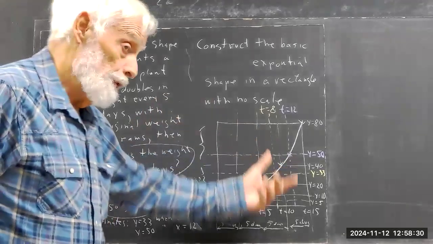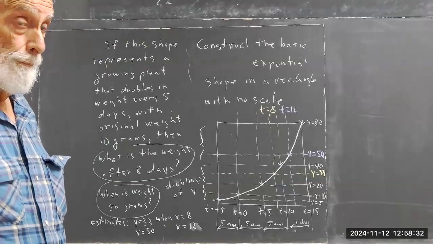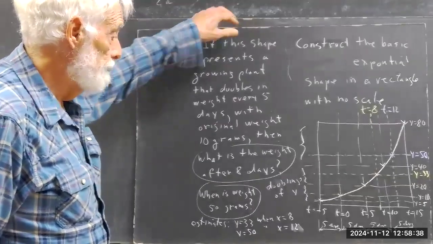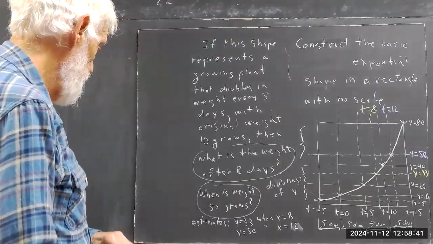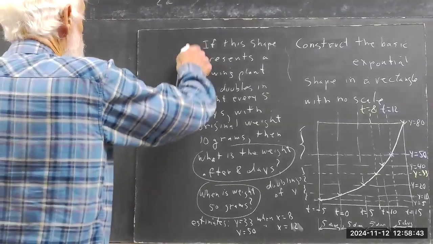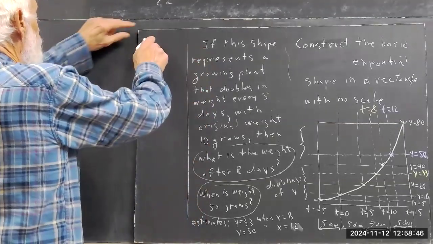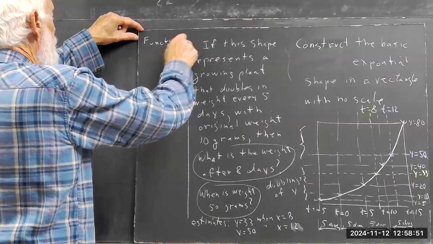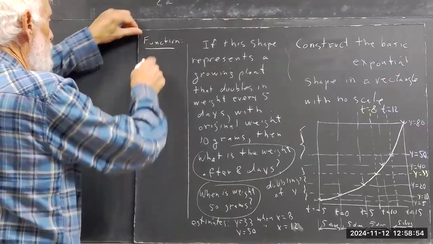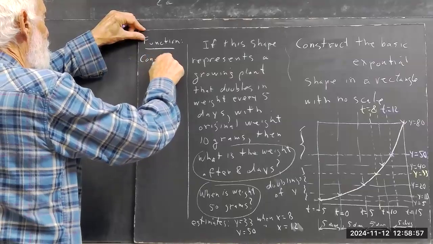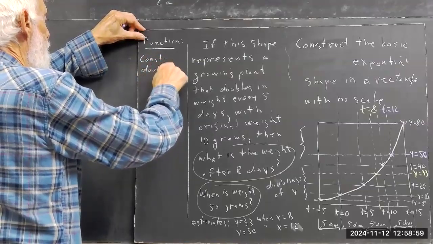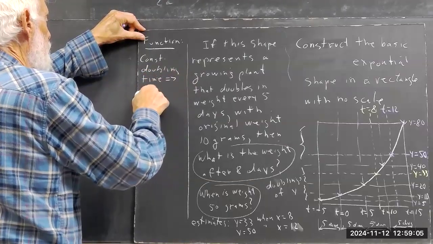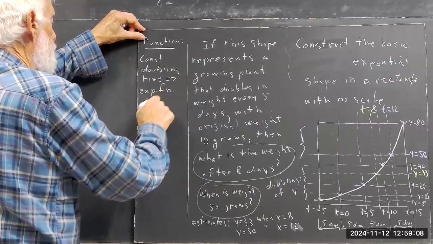Now let's find the function. What's the function here? Well, we have a constant doubling time. Implies we have an exponential function.